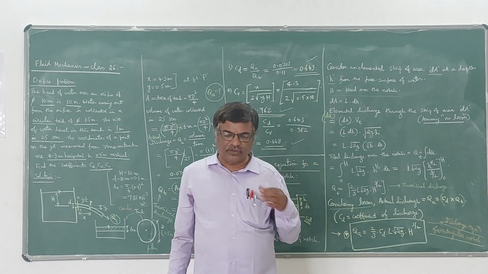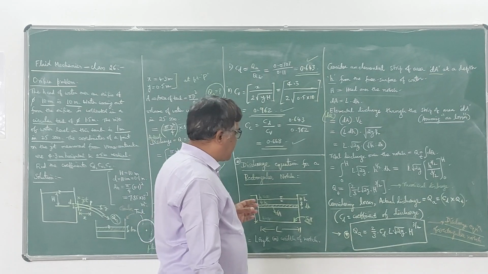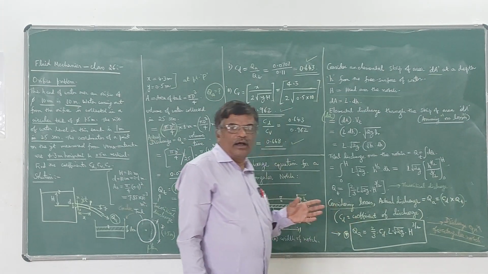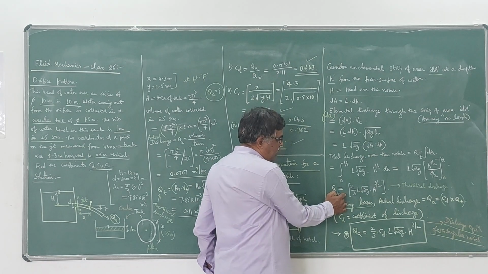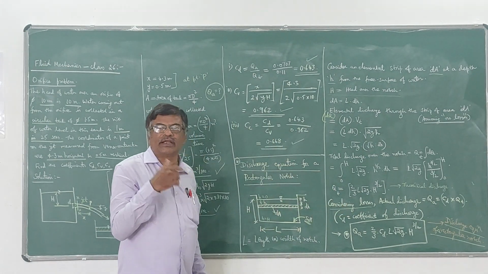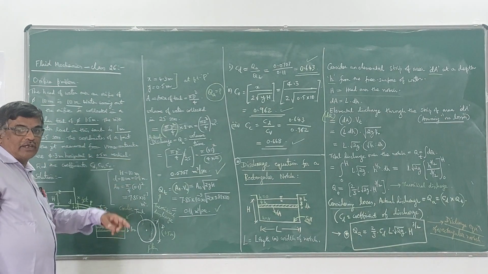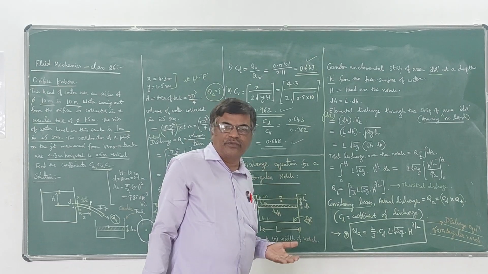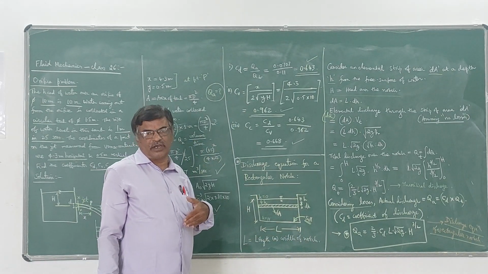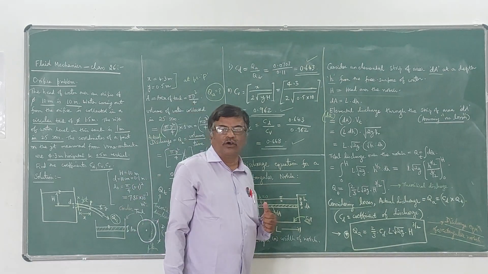In the laboratory, what we do is find the value of CD by calculating theoretical discharge using this formula, and actual discharge by measuring in a tank, just like the problem I explained. So actual discharge is measured in the tank, theoretical discharge is calculated using the formula, then the ratio is taken, Q actual divided by Q theoretical, and you will get the value of CD.